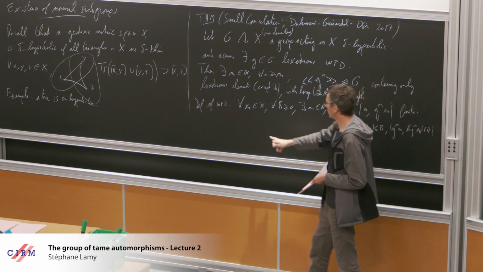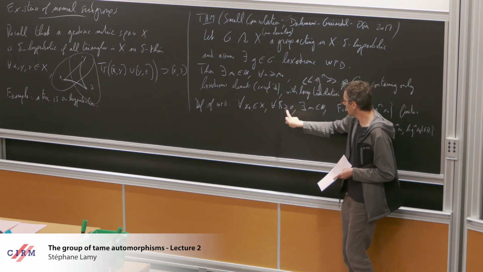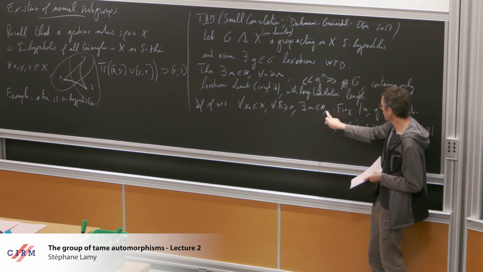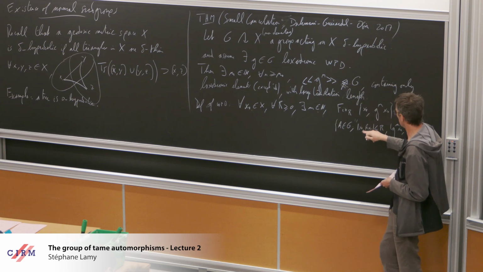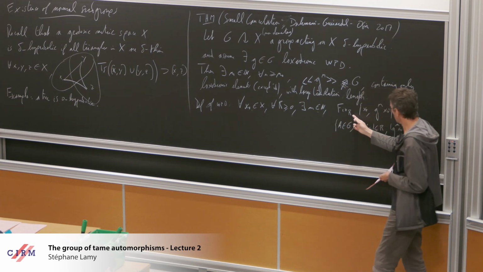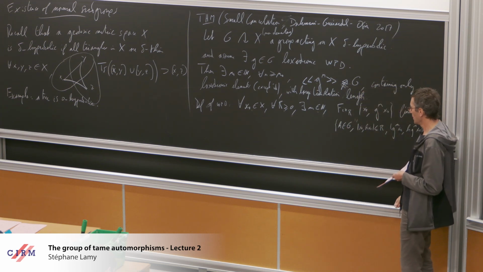That's the definition: for any point, any radius R, there exists M sufficiently large such that this is finite.